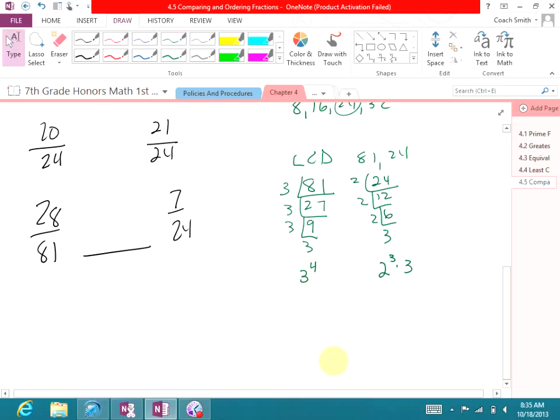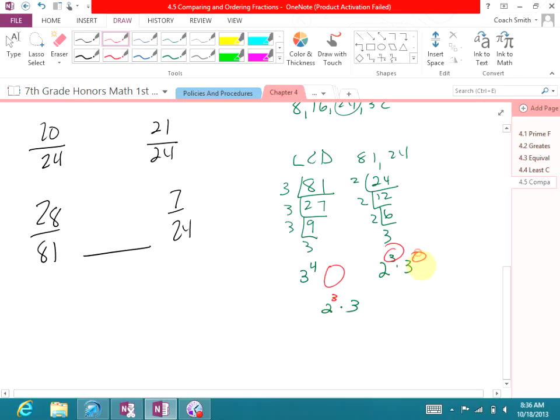So to find the LCM, LCD is also what it's called, I've got to take the prime factors that were used, 2 and 3. Now I have to take the largest power that is used. I have 2 to the third, no other 2, so it's got to be 2 to the third.